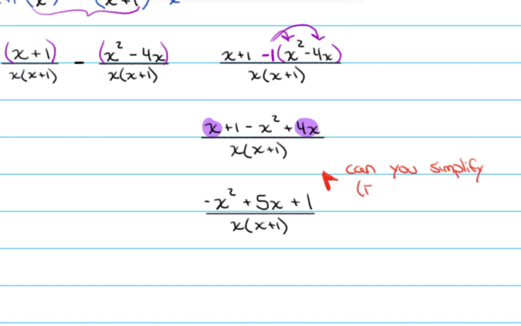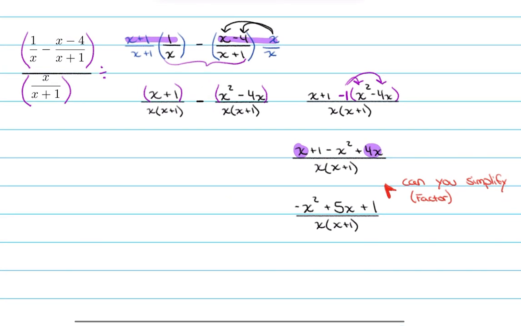Can you factor and cancel anything out? In this case, we cannot. This quadratic cannot be factored. Okay, so since that cannot be factored, this is as simple as we can get it. So this is our new numerator. I know that was a whole lot of work just to get our numerator, but that's our new numerator. Okay, so this guy simplified is this.